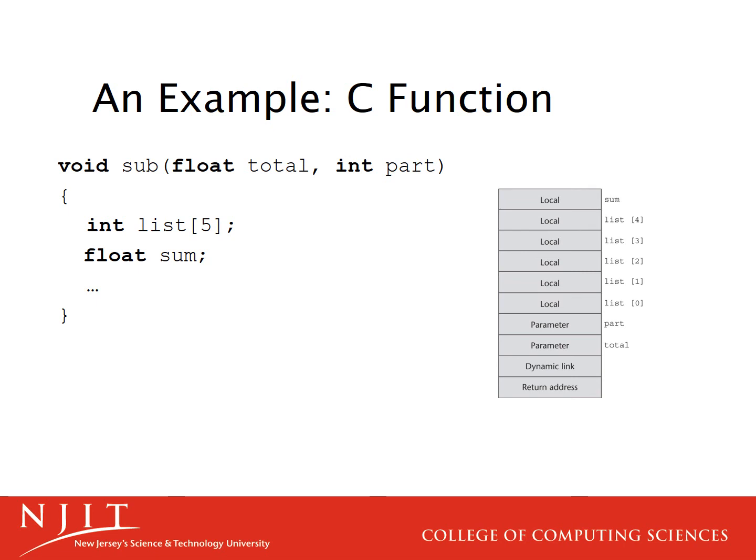So all of these things are positionally relative to the other things in memory, right? The parameters always come before the locals. The first parameter always comes before the second parameter. The first local always comes before the second local, right?